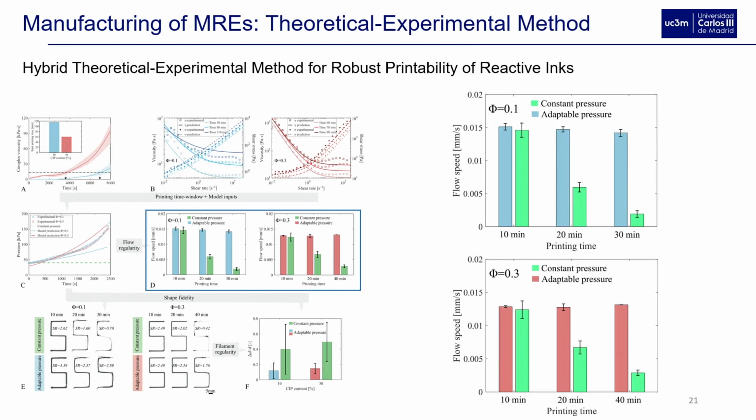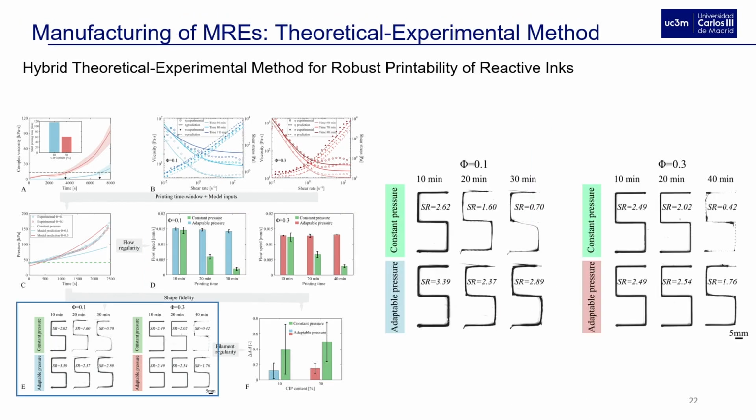by comparing our methodology with a constant pressure approach, and we can see that as time advances in a constant pressure approach, the flow speed hinders, is being compromised, while in the adaptable pressure approach, the flow speed remains constant.